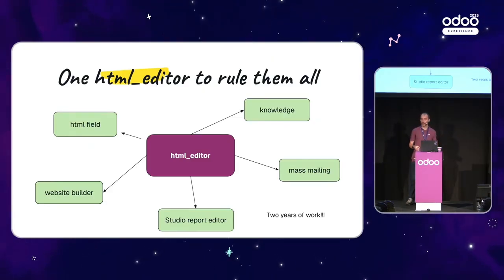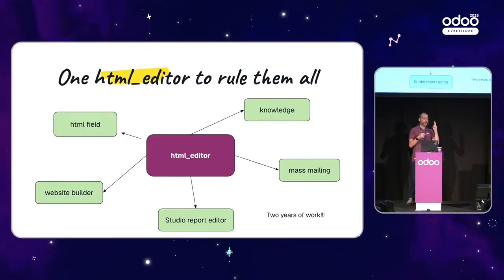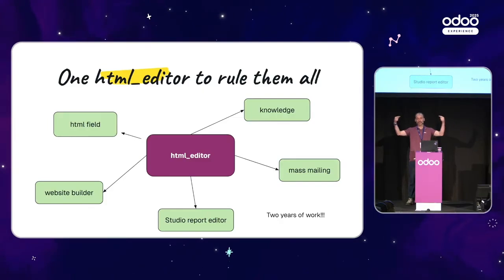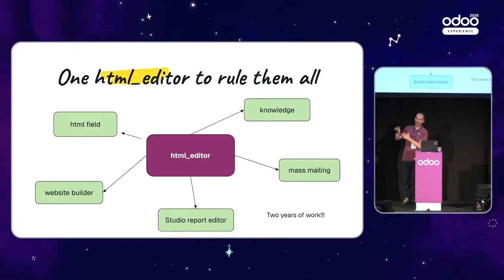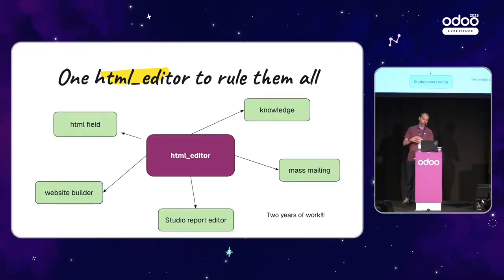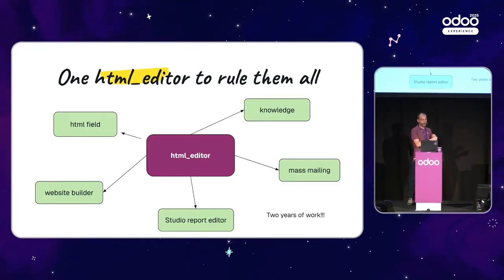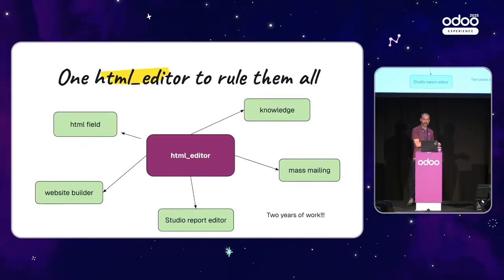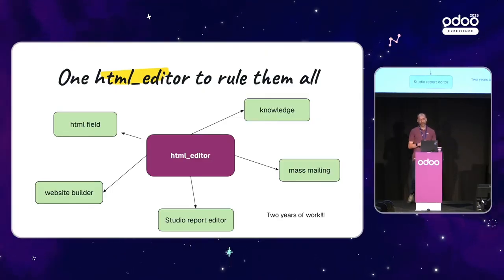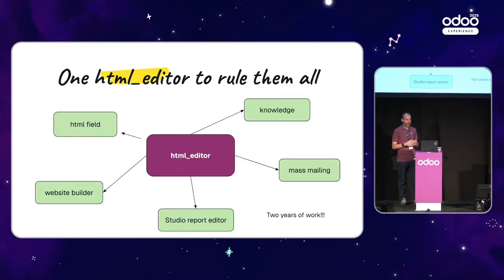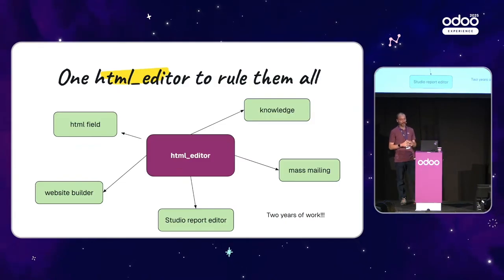So you have the HTML field in which you want collaborative editing. You have knowledge in which you want collaborative editing, and you also want to insert list views, form views, and sub-components. You have mass mailing in which you want to edit some kind of mass mailing templates. You have the studio report editor in which you edit some kind of templates as well. You have the website builder in which you want to add blocks. You have a lot of different requirements, and I think we managed to solve this.